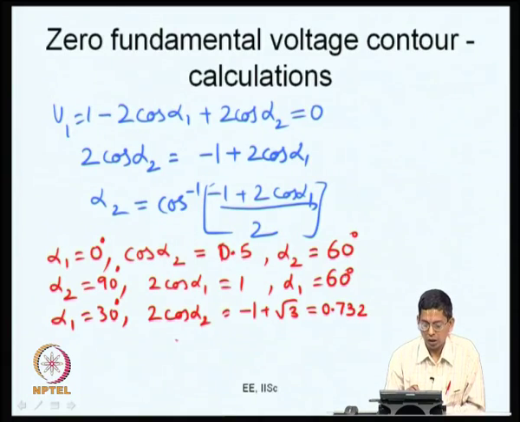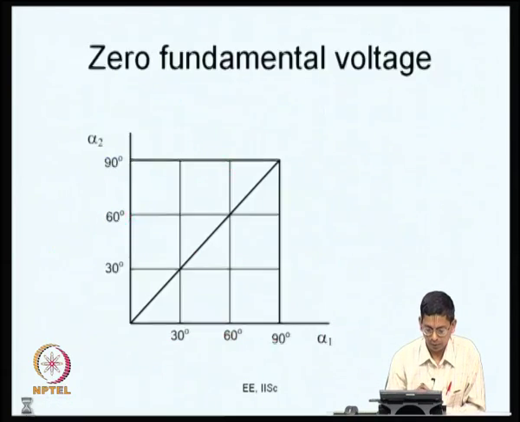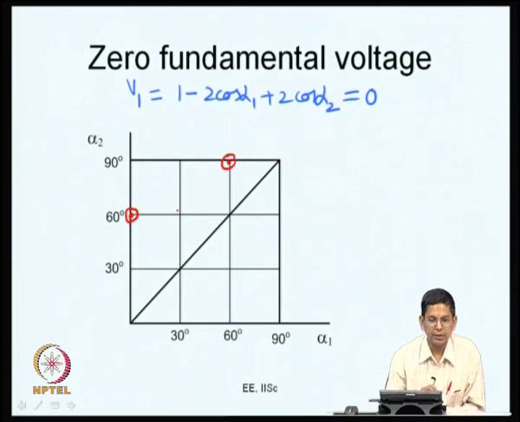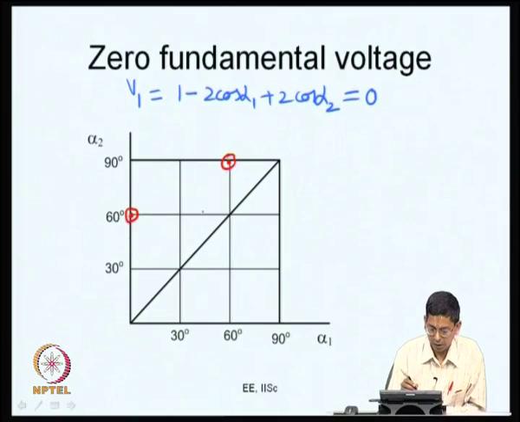Therefore, your cos alpha 2 is something like 0.366 roughly, and your alpha 2 is going to be some value which is slightly higher than this 60 degrees, is that right?